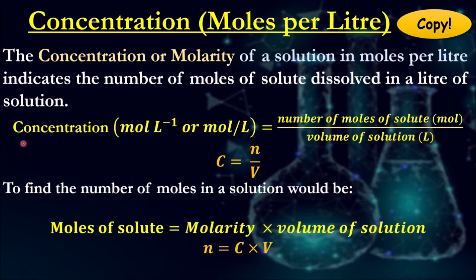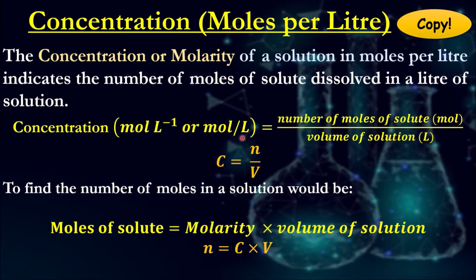And to calculate that, it's the number of moles of solute given in moles over the volume of solution. So C equals n over V. V is the volume, n is the number of moles.